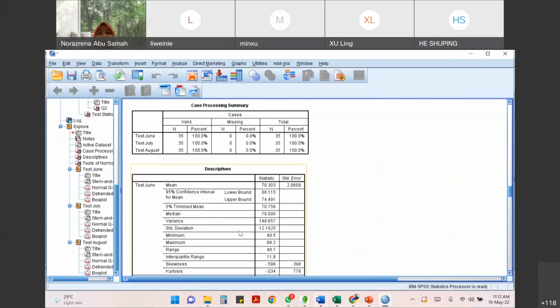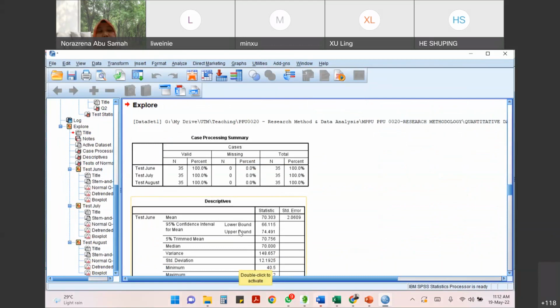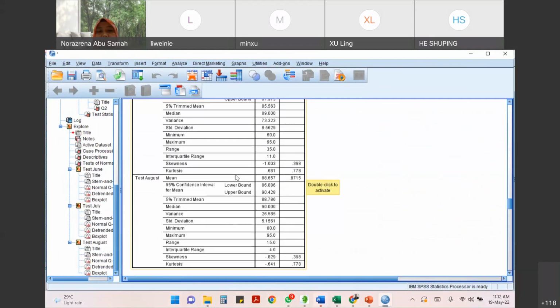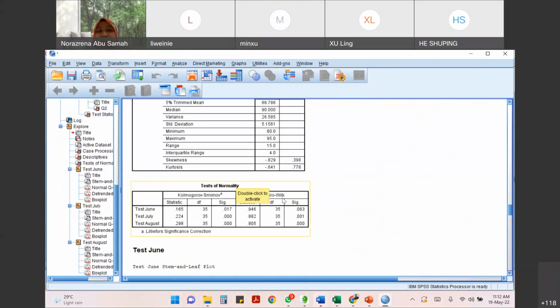You will get this. So you will get the valid, missing, total. No missing, all valid. And the total is 35. So this is the descriptives. You can use this also to write on your paper, your thesis. But for the normality test, we only use this.